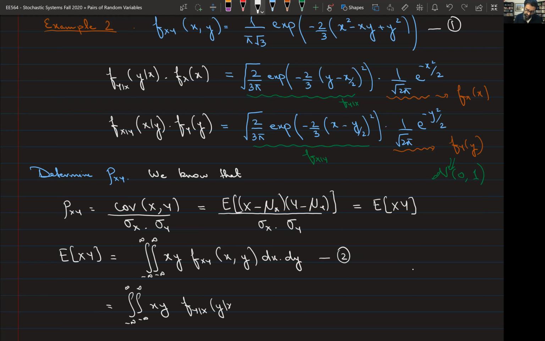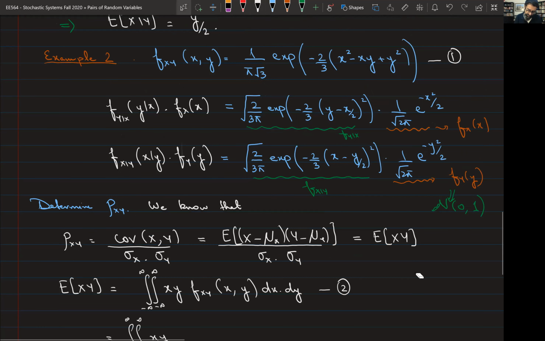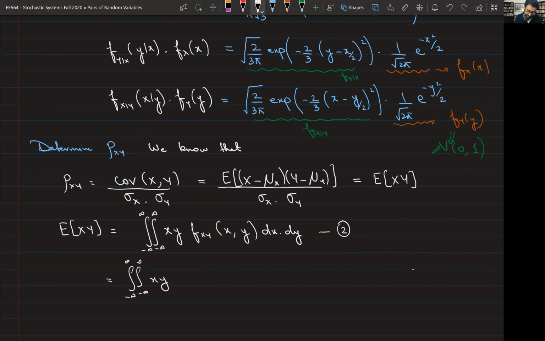Actually, let's pick the second one, because that's linked with this. So this is f of x given y times fy of y, and then there's a dx and there's a dy. Isha, now is the integral separable?